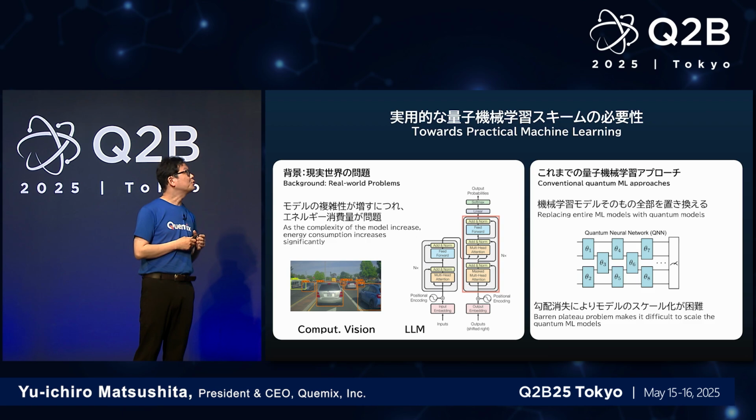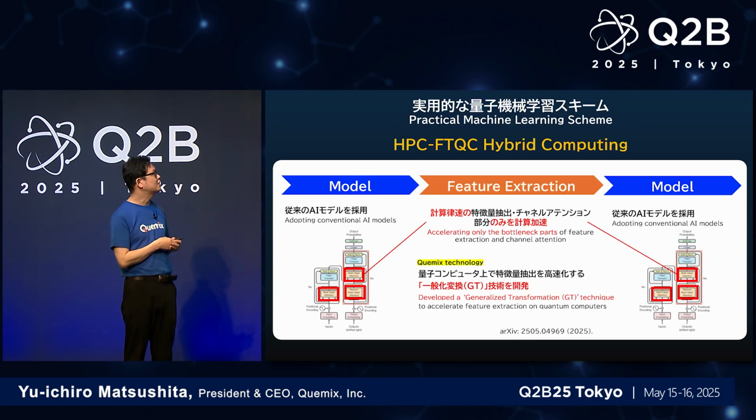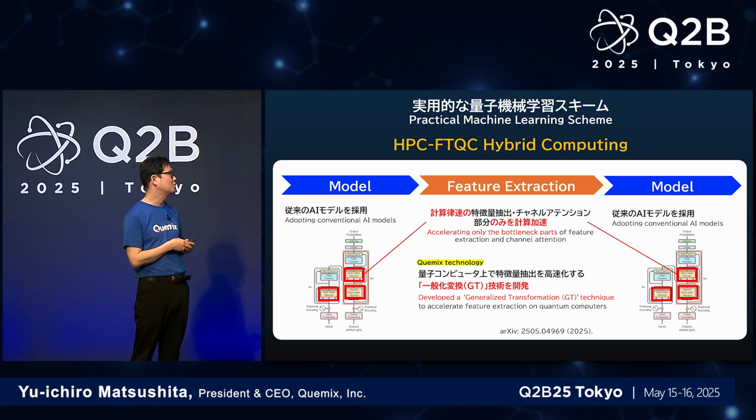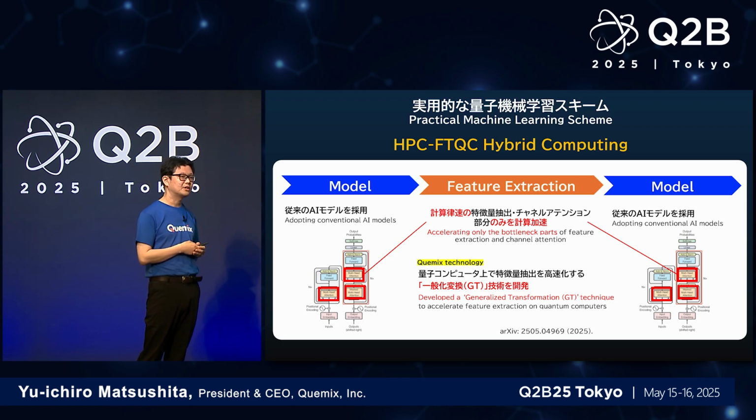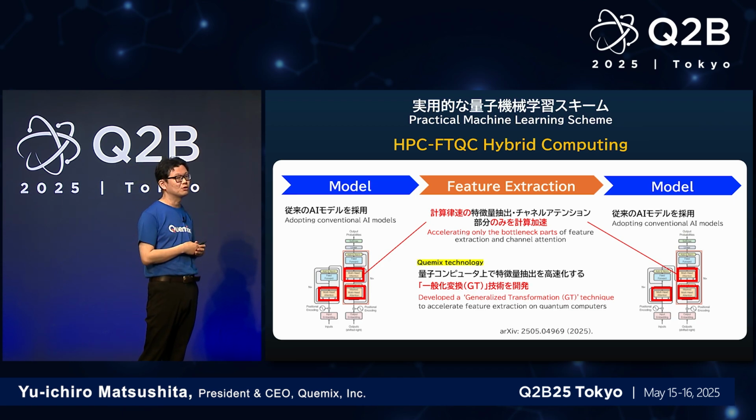So this is where we decided to tackle the issue. Again, we believe that HPC, FTQC, hybrid computing is the answer to practical machine learning scheme. One of the major features is that as an AI model, we would basically adopt the conventional AI model. So this is HPC, classical computer. We would adopt it as it is.